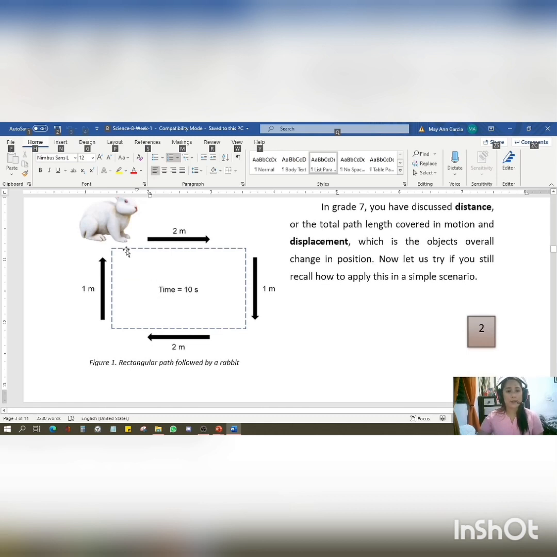The distance that the rabbit traveled is 2 meters going east, 1 meter going downward or south, and then 2 meters going west, and then 1 meter going up. What will be the total distance or displacement of the bunny rabbit?